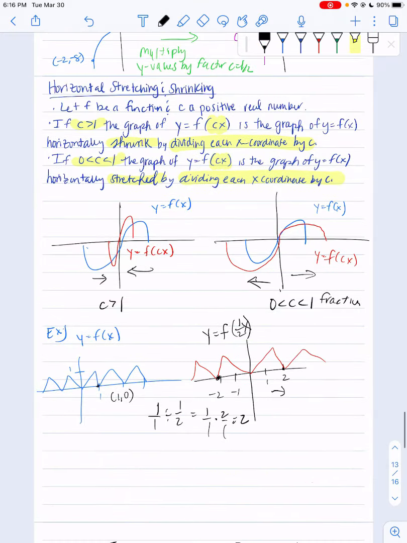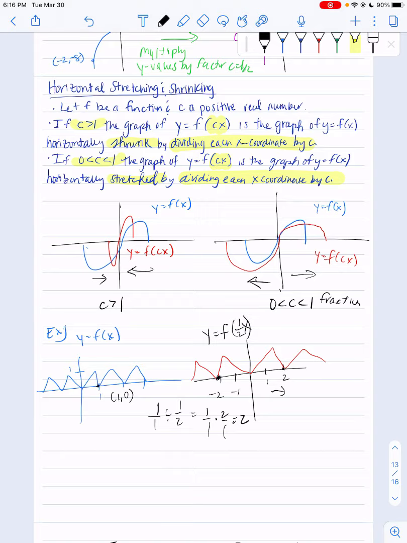Okay, so really the idea behind this is if c is greater than 1, then we're shrinking the graph of y equals f of x horizontally by a factor of 1 over c, which is dividing each x coordinate by c. And then if c is between 0 and 1, that means c is a fraction, and we're stretching the graph of y equals f of x horizontally by a factor of 1 over c.